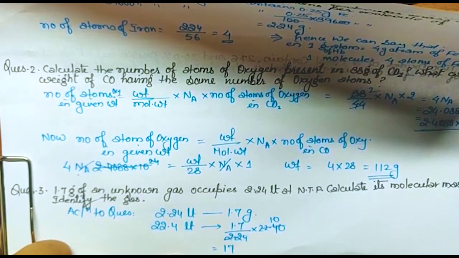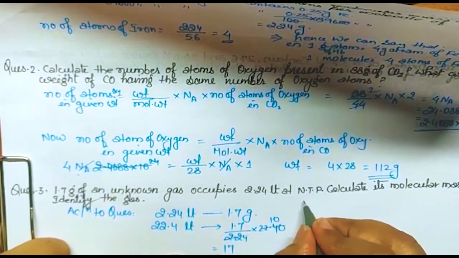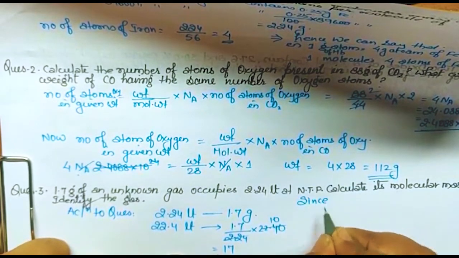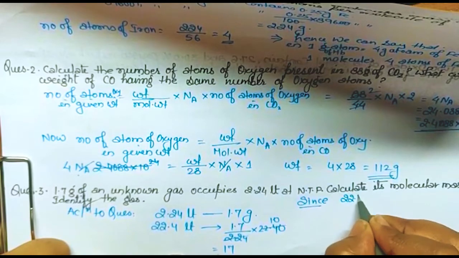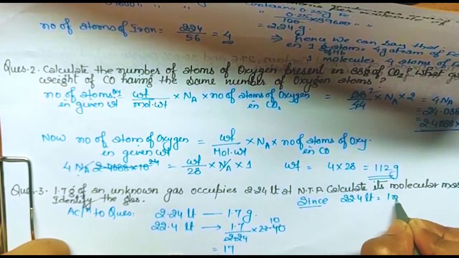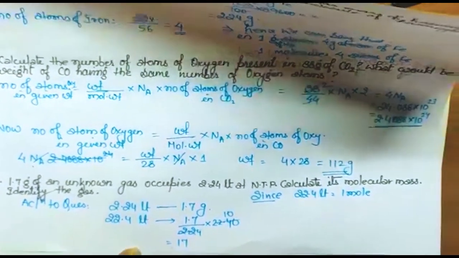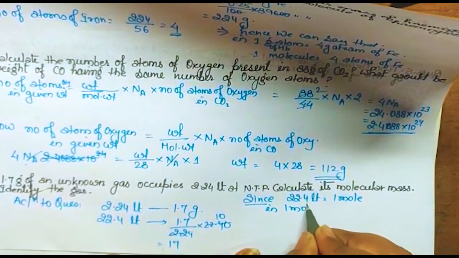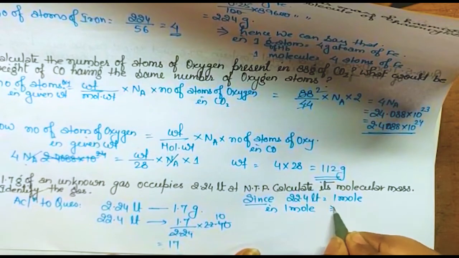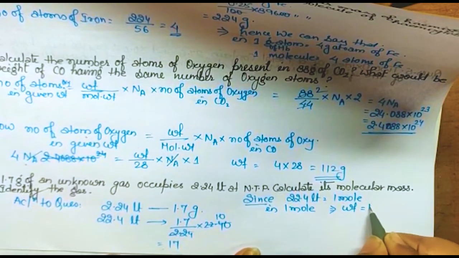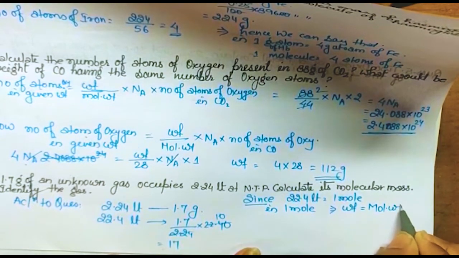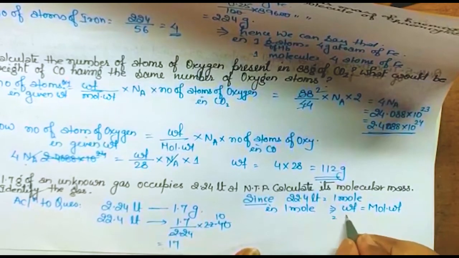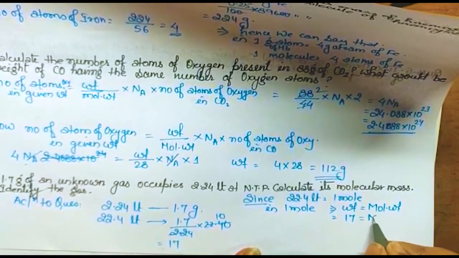It will be 17. Since 22.4 liter is equal to 1 mole, and in 1 mole weight is equal to molecular weight, the weight we got is 17, so the molecular weight is 17, isn't it?